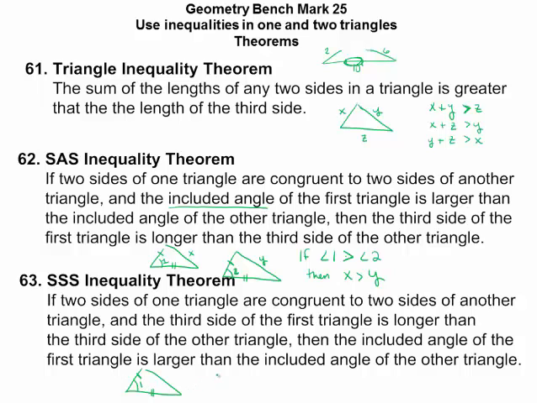If this side is the same as this side, and this side is the same as this side, and I have x and y, if x is bigger than y, then angle 1 will be bigger than angle 2. So they're saying the same thing. One is saying bigger angle makes a bigger side, and the other is saying a bigger side makes a bigger angle.